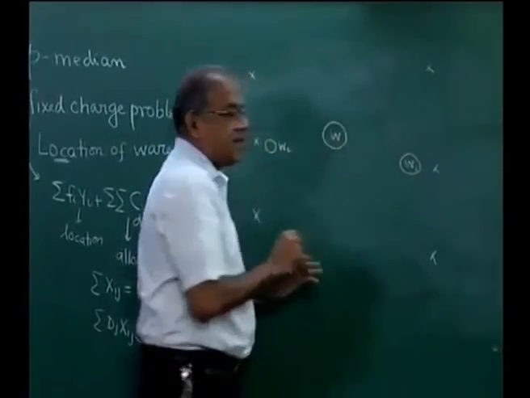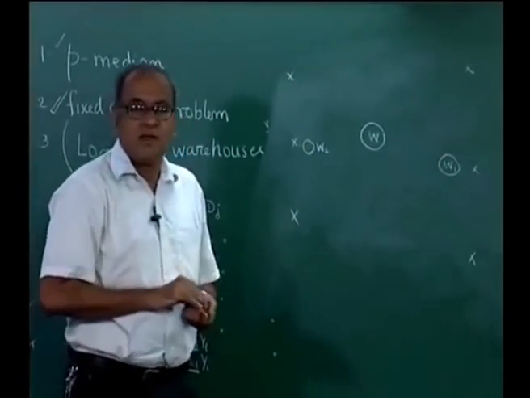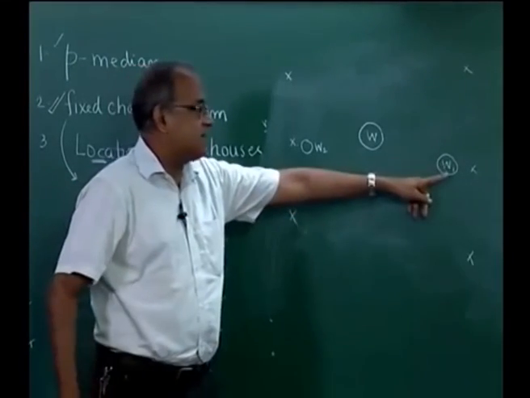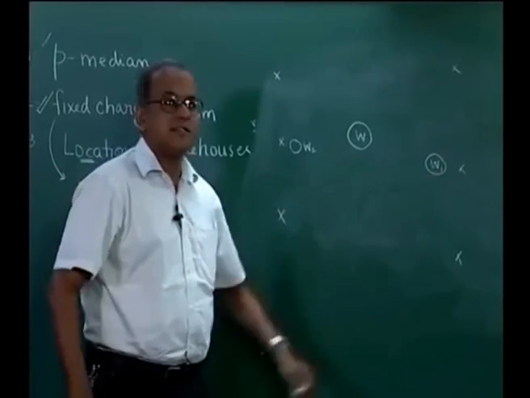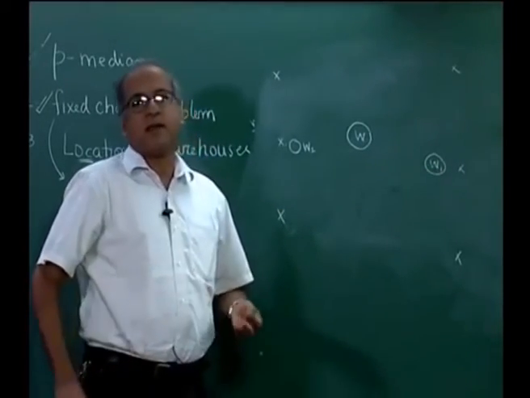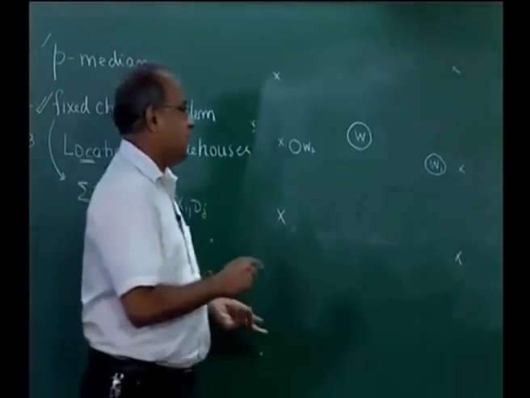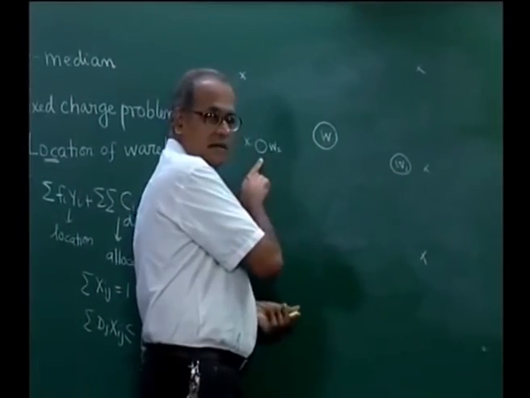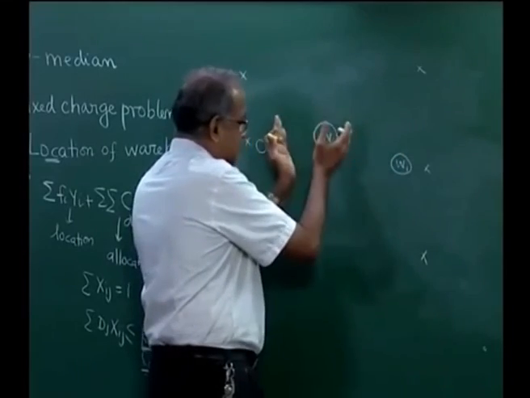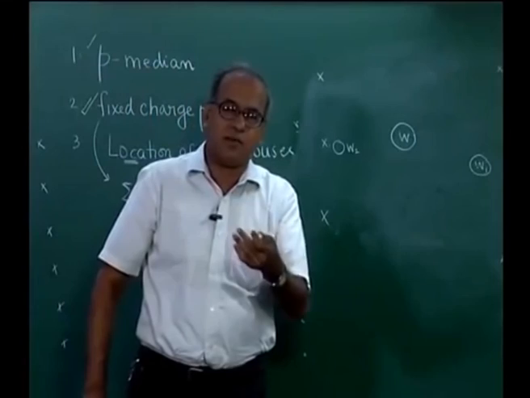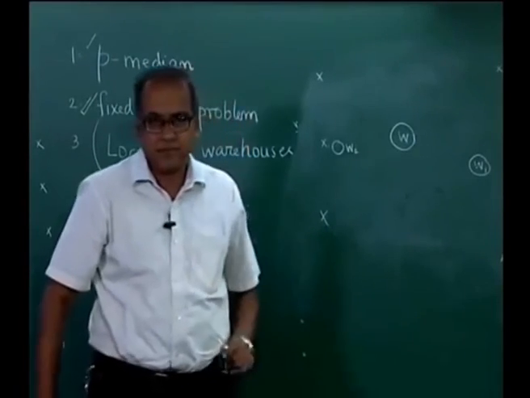But now what are the advantages and the disadvantages? The advantage is in reduced transportation cost, the disadvantage could be more inventory or buffer needs to be kept here as well as here, whereas when we centralize them and bring them together, the inventory that we will have there will be much less.